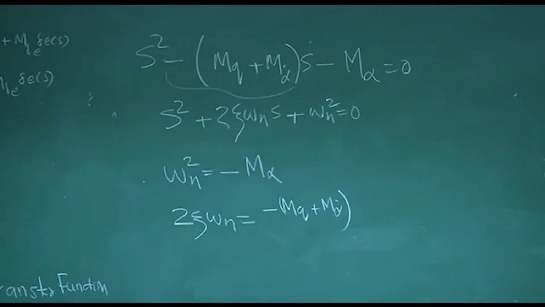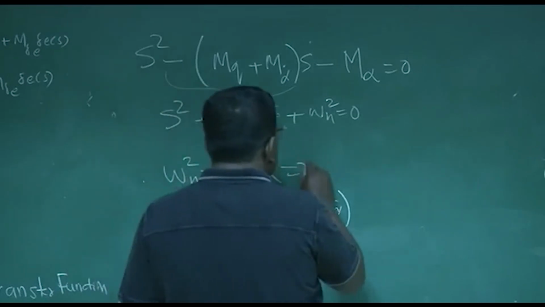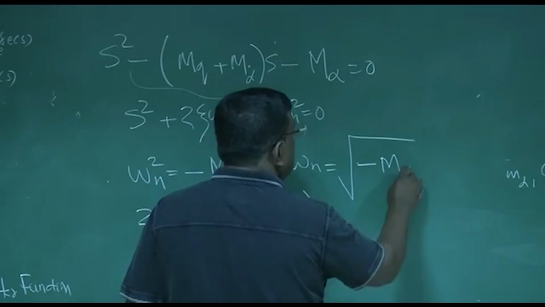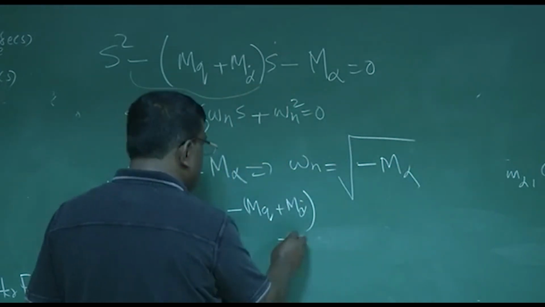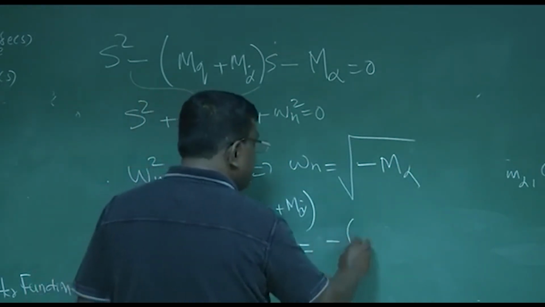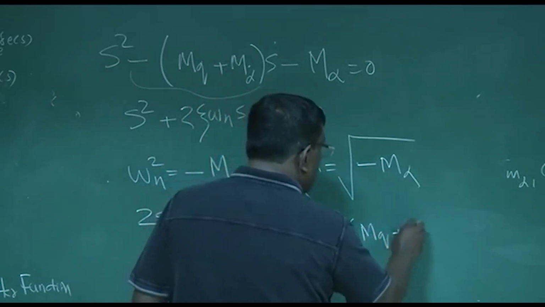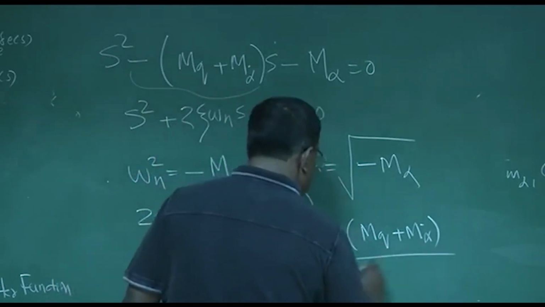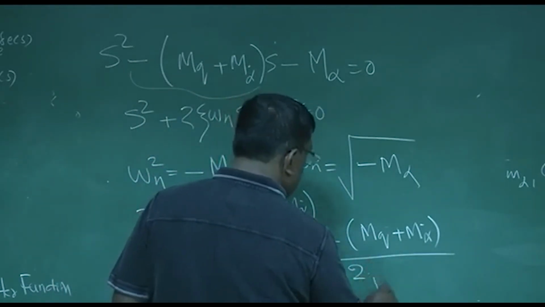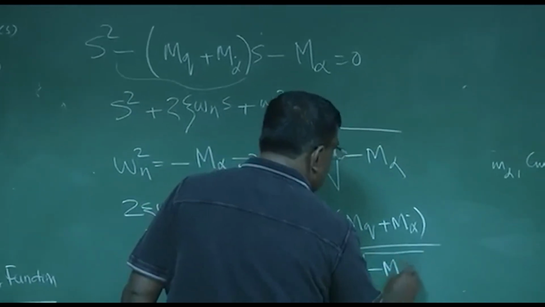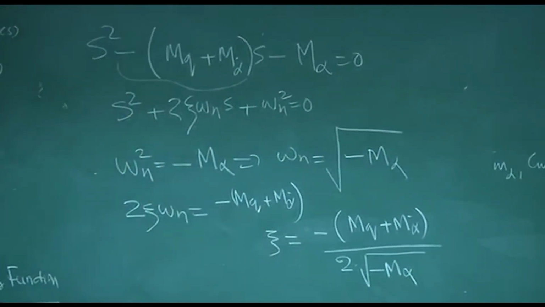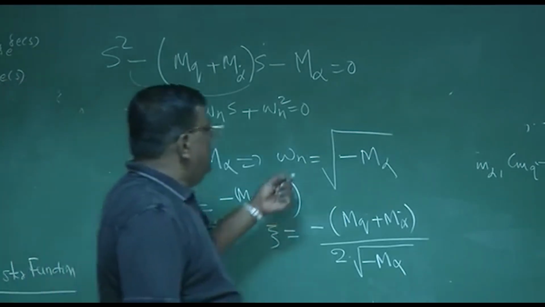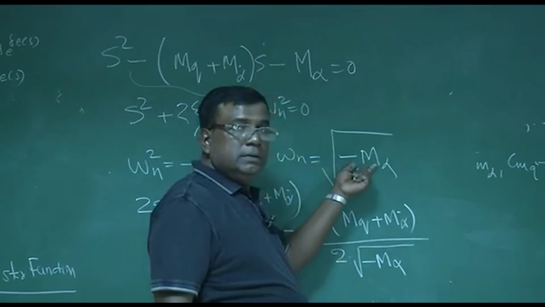Okay. So what is the natural frequency? Natural frequency is under root of minus M alpha, and you could always see the zeta will be equal to minus MQ plus M alpha dot, right, divided by 2 into omega n, which is nothing but minus M alpha. What a neat expression, right? You may wonder, this omega will become complex.